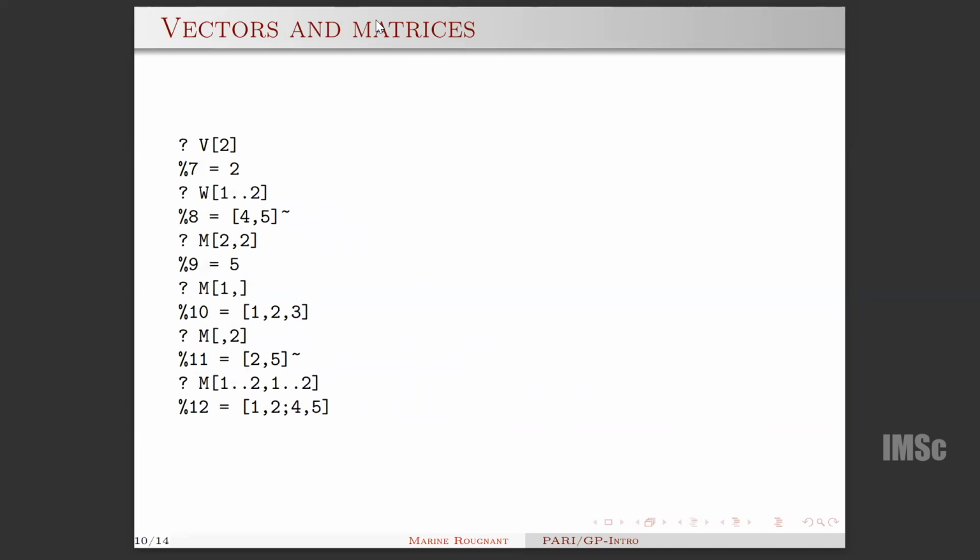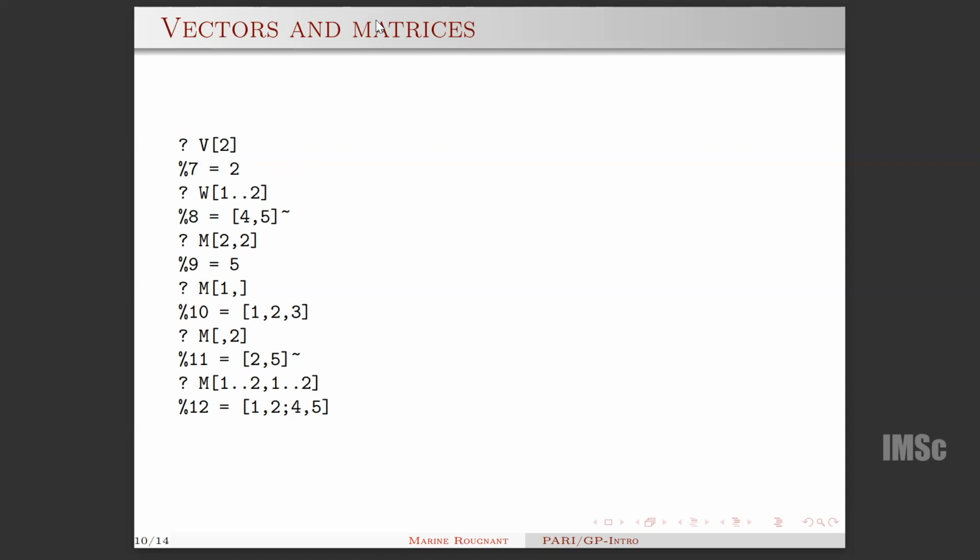And if you need to access something specific inside the vector or inside the matrix, you index it. If V is a vector, V of 2 is the second element of the vector; we begin counting at 1.